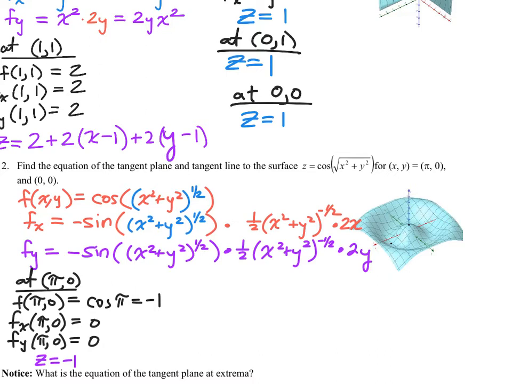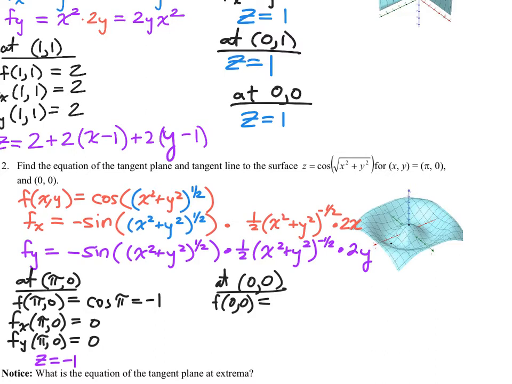Now we do the same thing at (0, 0), but there's no reason to think it's going to play out any differently, because whether it's the sine of 0 or the sine of pi, you're still on the x-axis of the unit circle. On the x-axis, the sine function is always equal to 0. All right, so f of (0, 0).